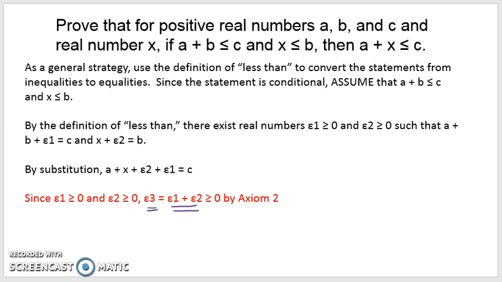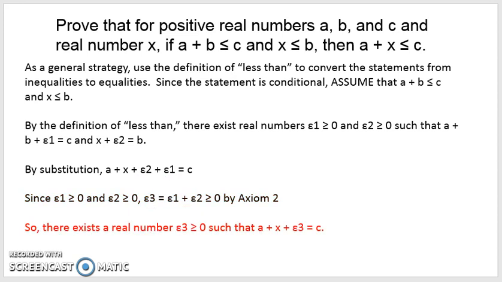Now, my strategy is to substitute this for my epsilon 3, and that is by axiom 2. So let me go back and write that up there. What we did is we substituted epsilon 3 right there.